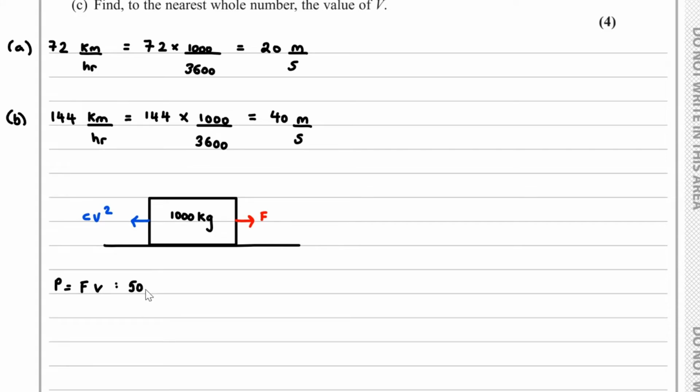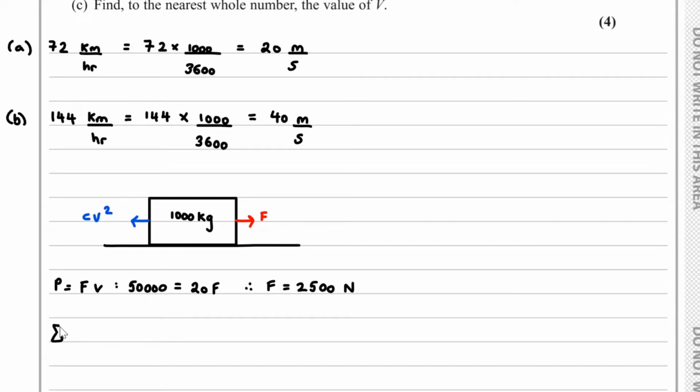So we've got 50,000 watts. This is equal to the velocity at 72 kilometers per hour, which is 20 meters per second. And then we multiply this by F, and therefore you can see here F is equal to 2500 newtons.